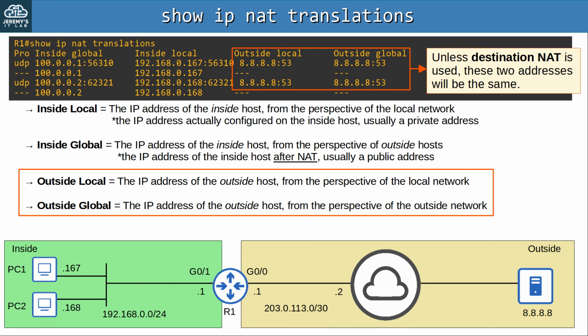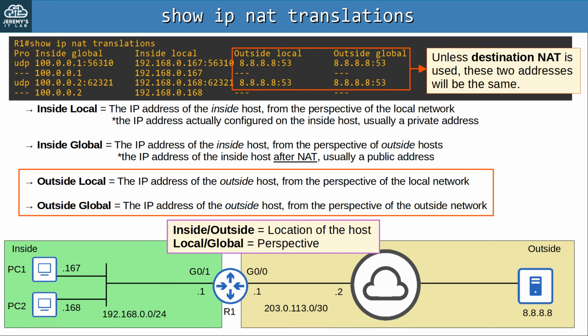So, these four terms, inside local, inside global, outside local, and outside global, can be a little confusing, but make sure you understand the difference. Inside and outside indicate the location of the host, on the inside network or the outside network. PC1 and PC2 are inside, and the server at 8.8.8.8 is outside. Local and global, on the other hand, indicate the perspective.